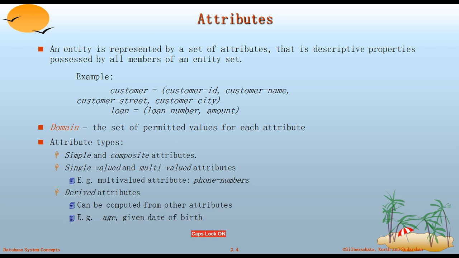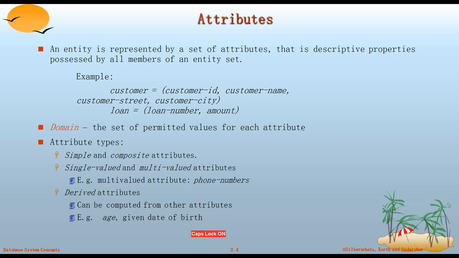Next we are going to see the attribute types. There are different types of attributes. The first is simple and composite, the second is single-valued and multi-valued attributes, and the third is derived attributes. A simple attribute contains a single value, and a composite attribute can be divided into different attributes.